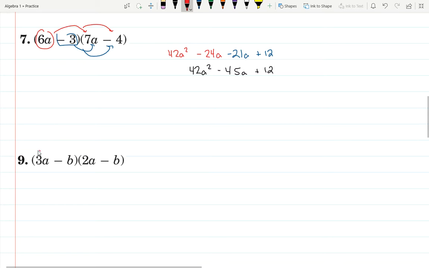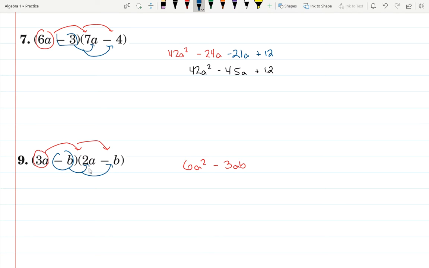In 9, 3a times 2a and then the minus b. 3a times 2a is a 6a squared. 3a times the negative b is a minus 3ab. Then negative b being multiplied here.